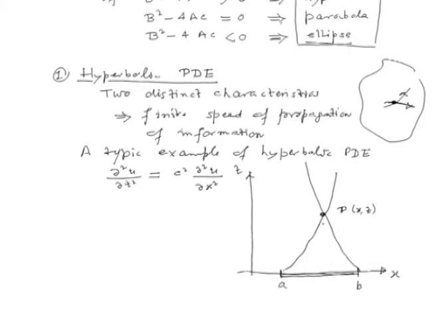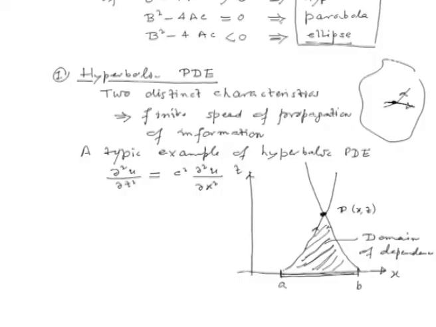So, this particular slant hatched domain is what we call the domain of dependence. The solution at point p depends on only this slant hatched portion, and whatever happens at point p affects only this narrow region contained between these characteristics.